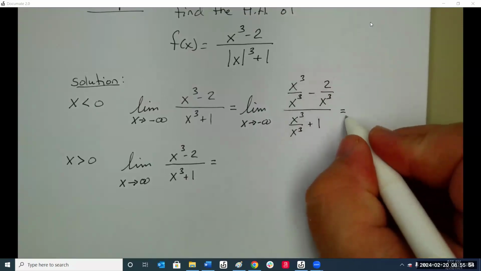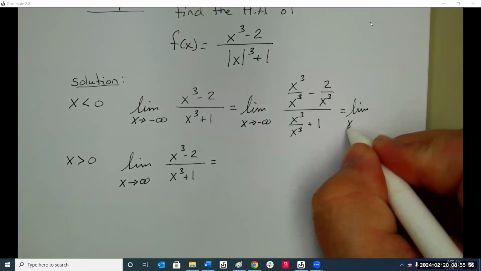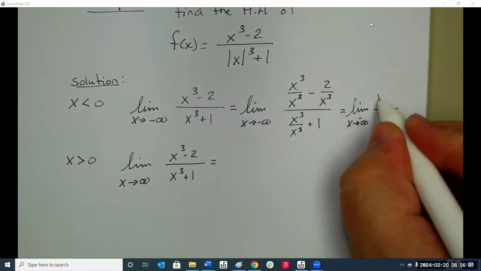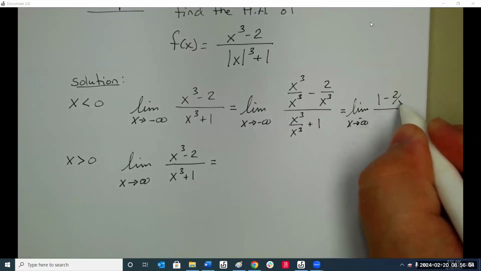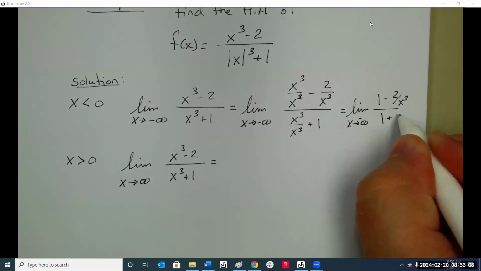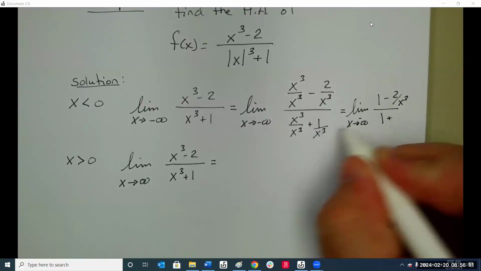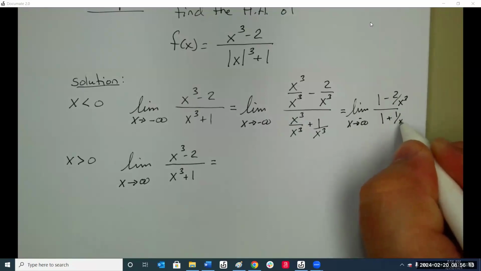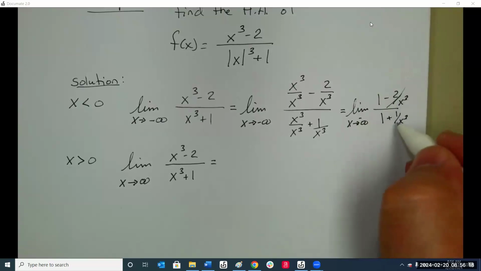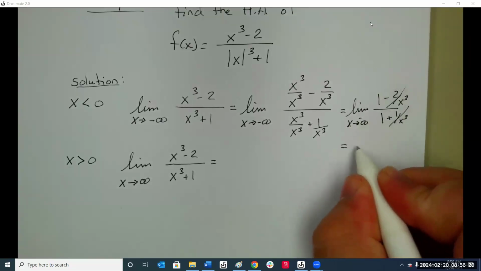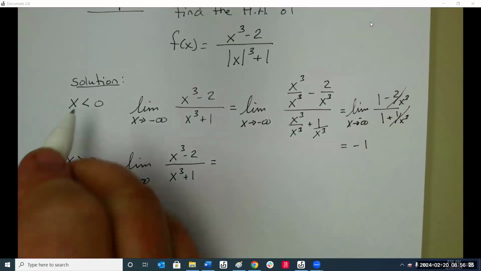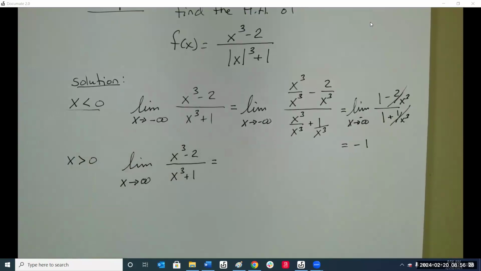So that becomes one minus 2 over x cubed, 1 plus 1 over x cubed. So these go to 0. So our answer is -1. Why is it -1? Because we're looking for the x's less than 0.